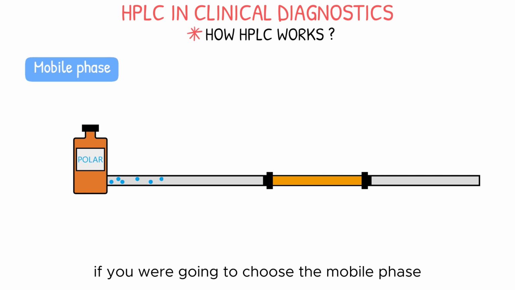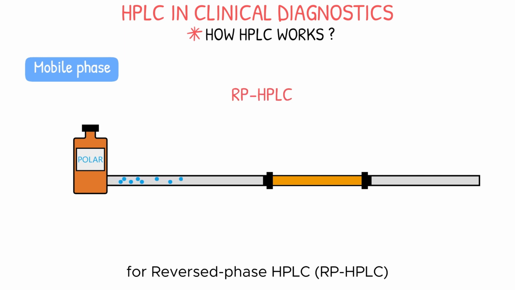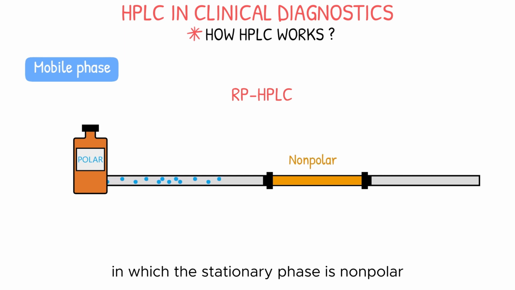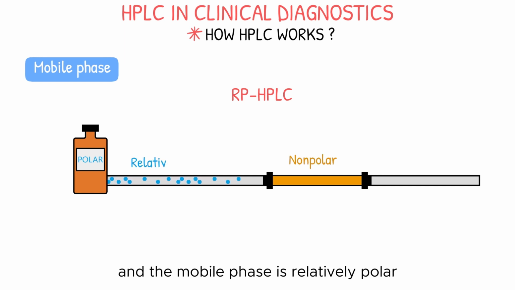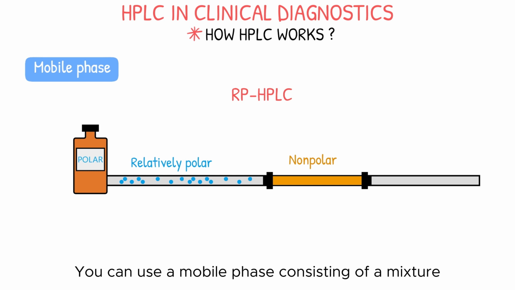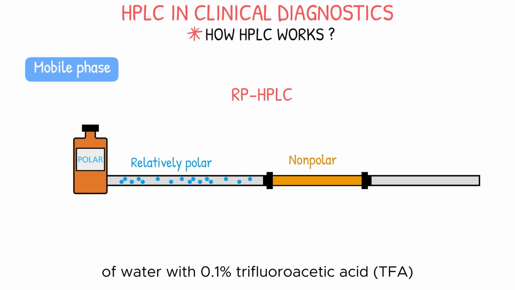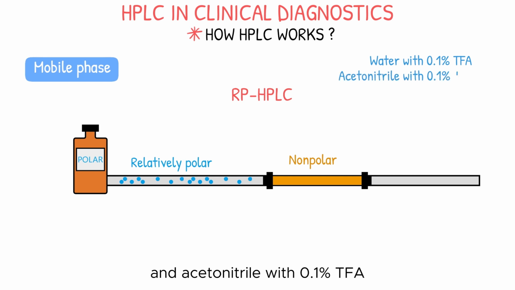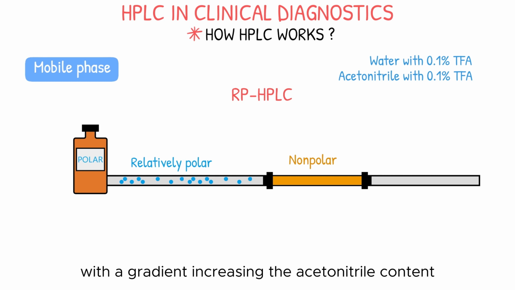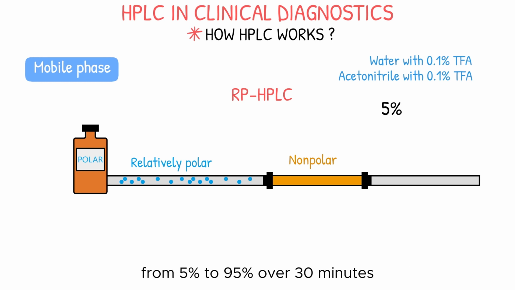If you were going to choose the mobile phase for reversed phase HPLC, or RPHPLC, in which the stationary phase is nonpolar and the mobile phase is relatively polar, you can use a mobile phase consisting of a mixture of water with 0.1% trifluoroacetic acid, or TFA, and acetonitrile with 0.1% TFA, with a gradient increasing the acetonitrile content from 5% to 95% over 30 minutes.